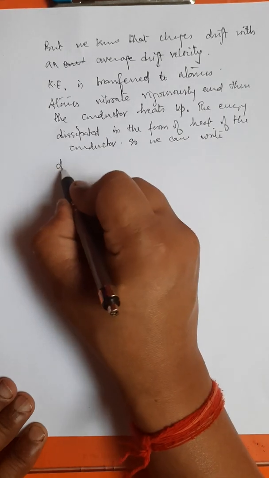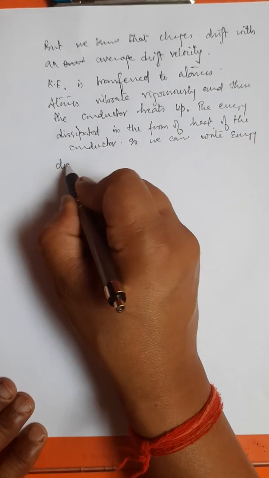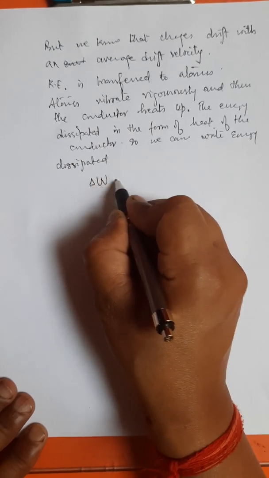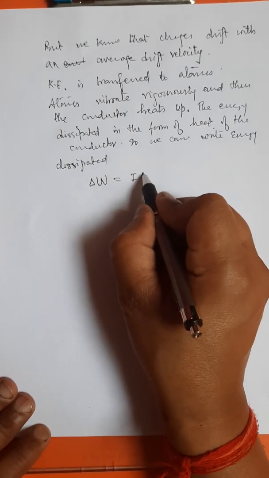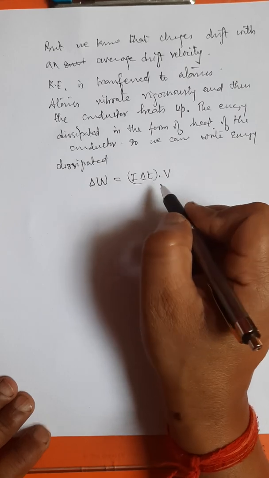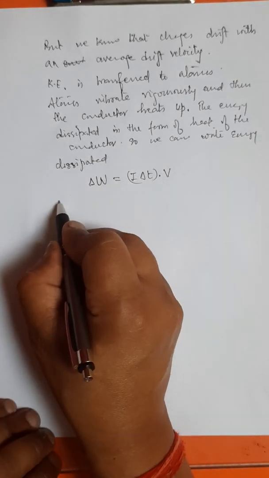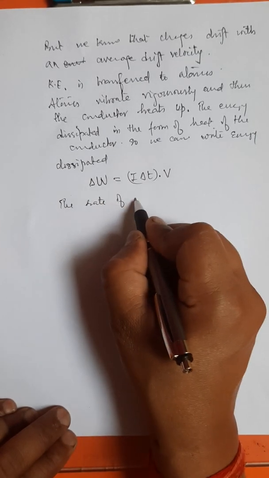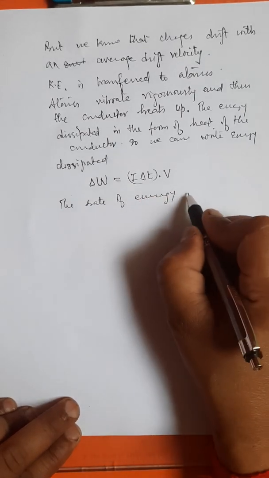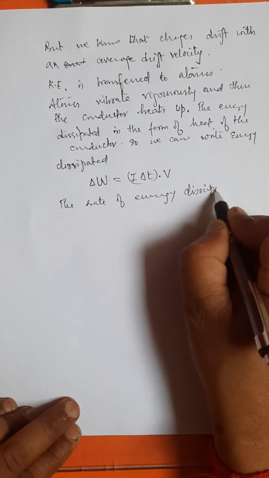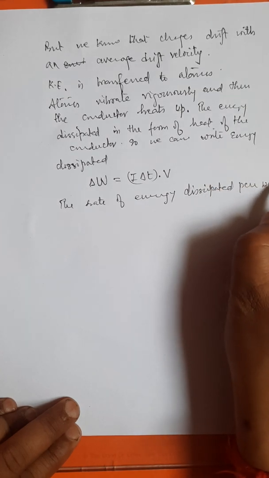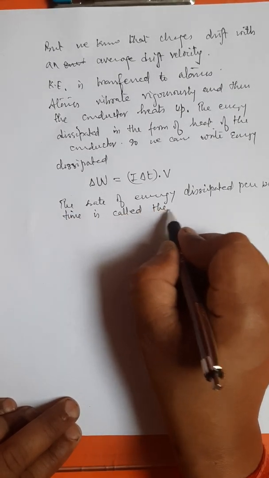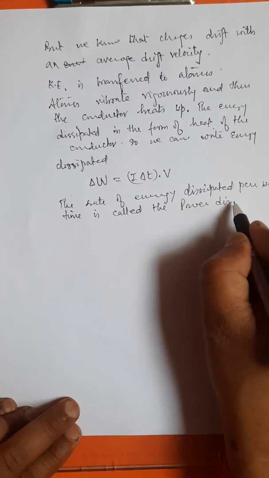So we can write energy dissipated, delta W, equal to I delta T into V. And the rate of energy dissipated per unit time is called the power dissipated.